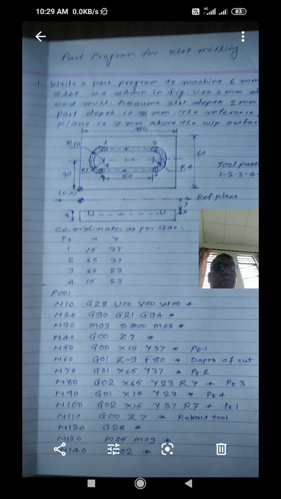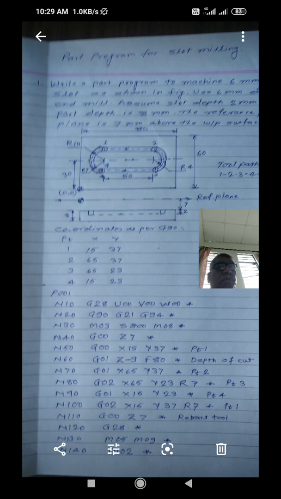Along the y direction, your slot is at center, at 30 millimeter. 30 plus inner radius 4 plus 3, that is the cutter radius 3. Therefore 37. The y coordinate of the point is 37.